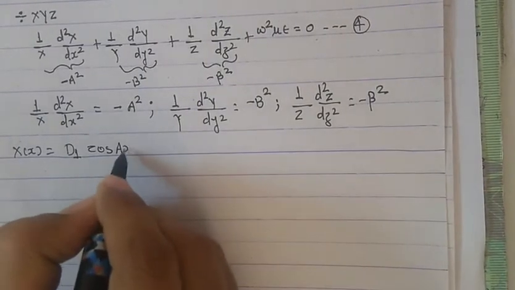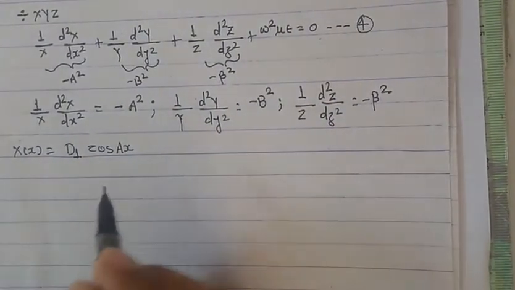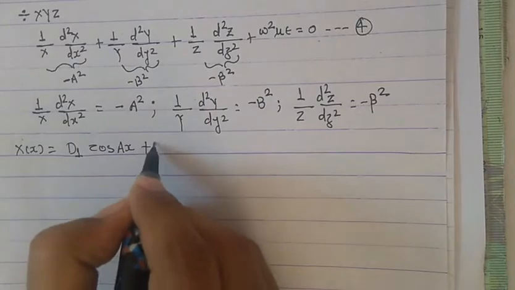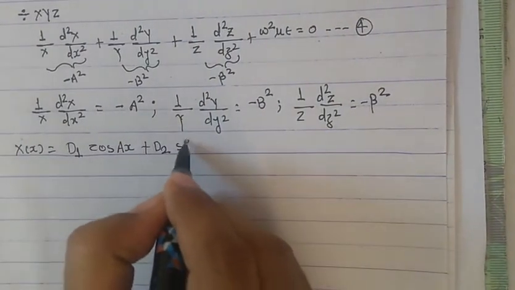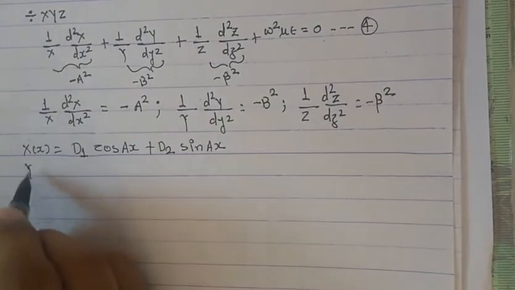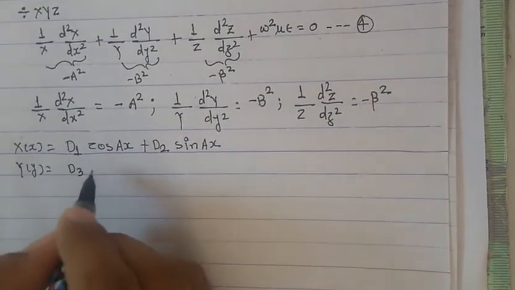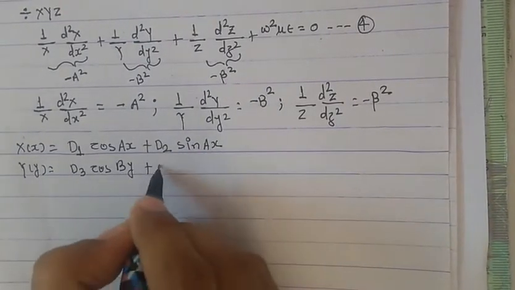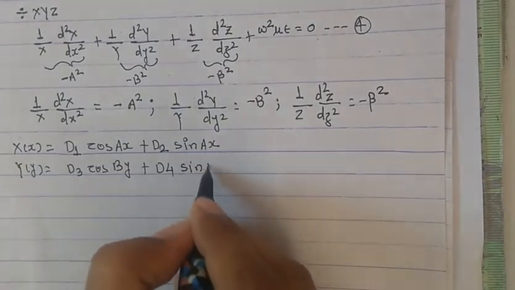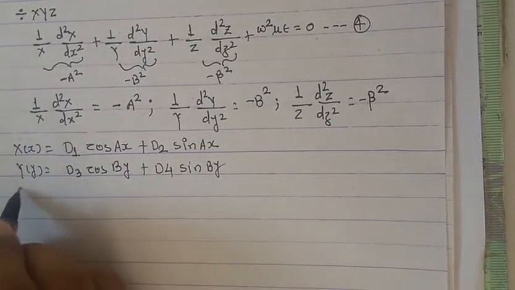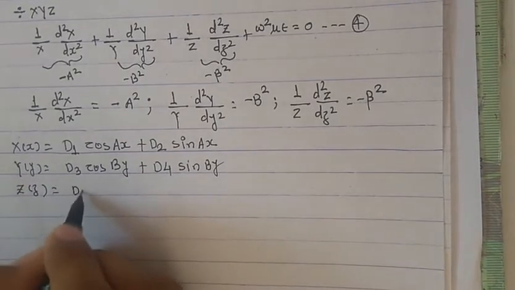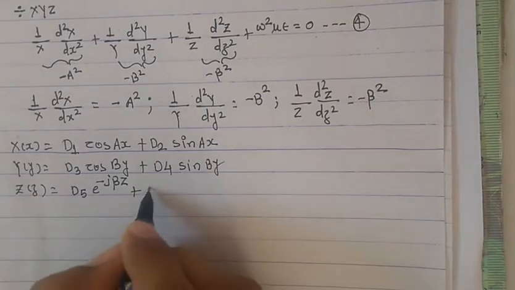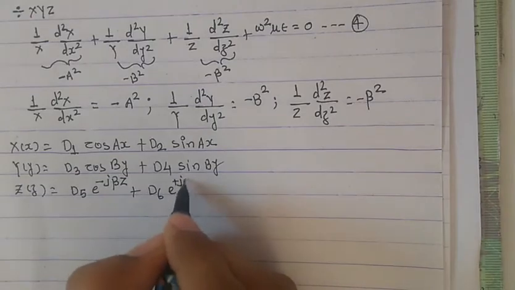We have used c1 to c6 for the TM mode case, so in this case we'll use d1 cos ax plus d2 sin ax, Y of y will be d3 cos by plus d4 sin by, and Z of z will be d5 e raised to minus j beta z plus d6 e raised to plus j beta z.